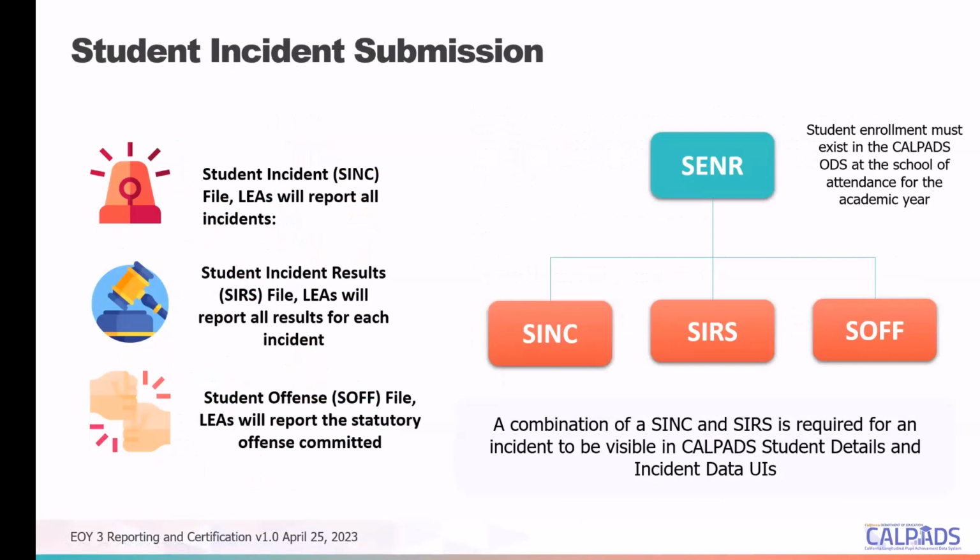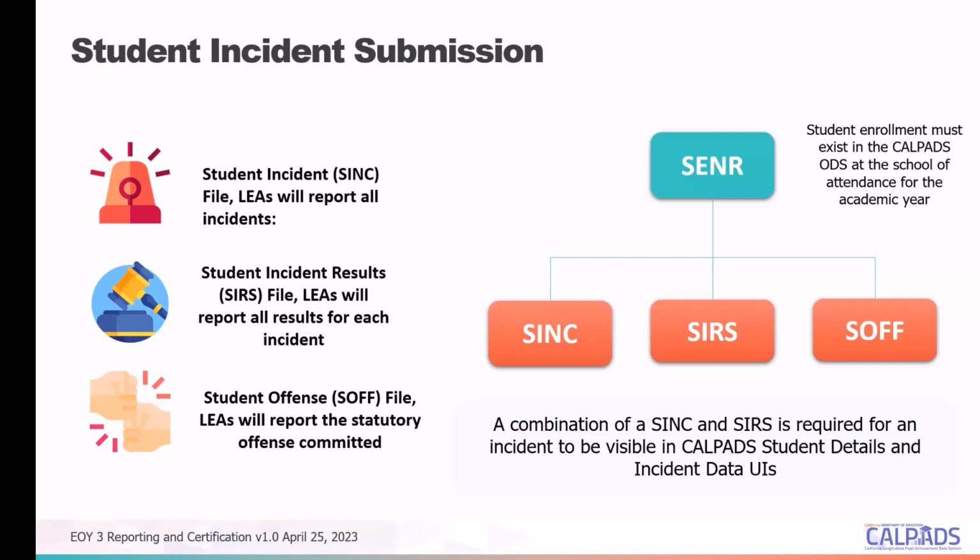So how does this data get into CalPADS? A collection of files. First, there has to be an enrollment file or enrollment record for the school that is submitting the result, really, right? So the example I like to use, and it may not be relevant to you all, but there are always questions, right? If the student is on the bus or the student goes to a different high school and gets in a fight, how do I report the incident?